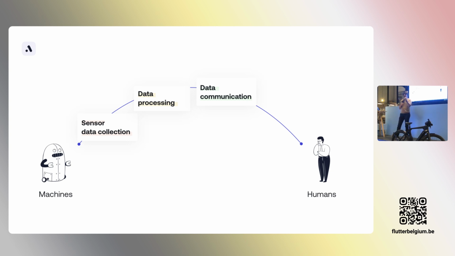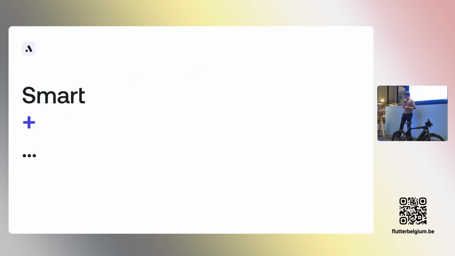They communicate that data to the internet, for instance. And then you gain some insights. You show some analytics. You show some visuals. And the whole process of connecting that machine to the internet, that is IoT. That's our definition of what is IoT.